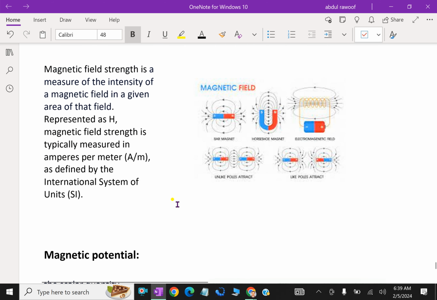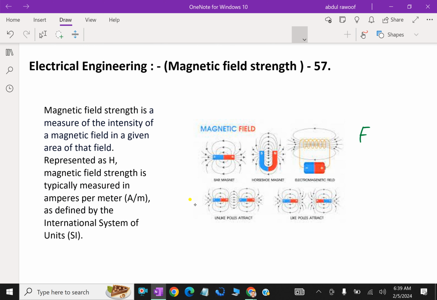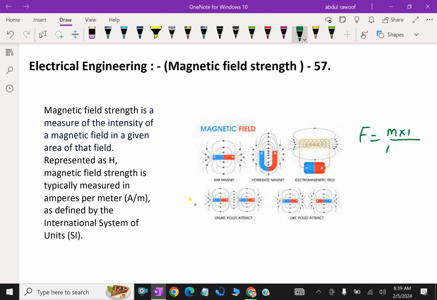Now, we'll discuss further. Here F, that is force, equals m into 1 over 4 pi mu 0 r squared.